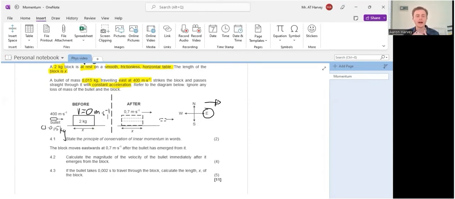But as long as you understand the principle behind it, that in an isolated system, when there's no external forces acting on the system, the momentum of that system will remain constant. If you understand that fundamental, even if you can't remember that definition word for word, you can just write how you understand it and hope that maybe your marker is slightly lenient.